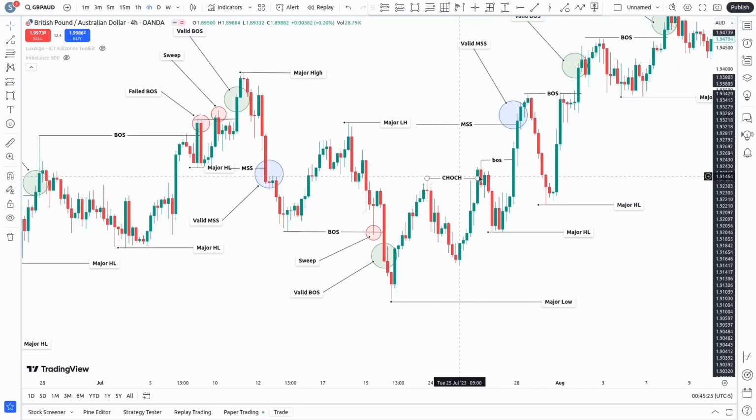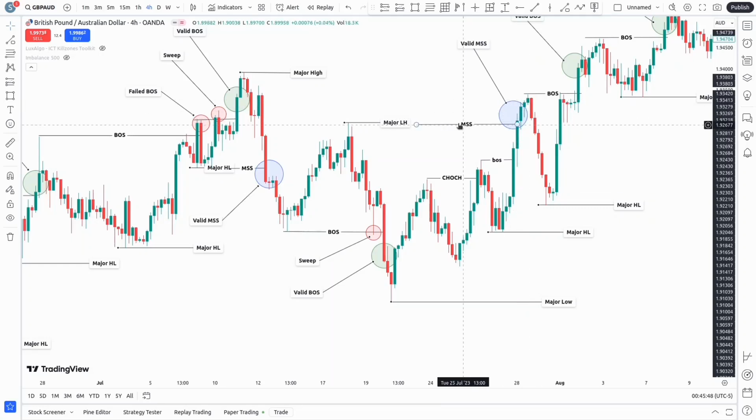So price breaks this point, pulls back into this range, forms a low here. From this point, we see price moving here with big displacement, heavy momentum, then breaking this point.